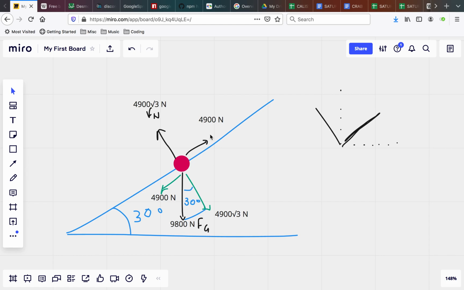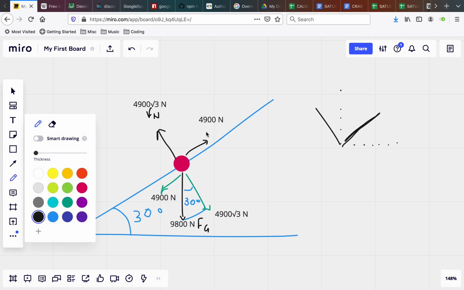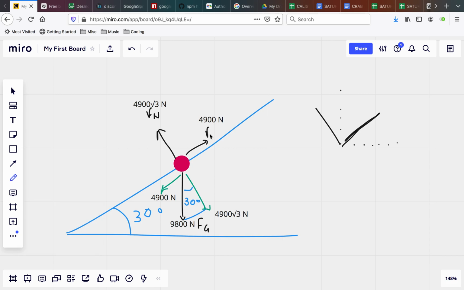Remember that the friction force points up the slope to cancel out the down the slope component of gravity. And so I will mark this as F sub F. And as we know, it has to be 4,900 newtons.